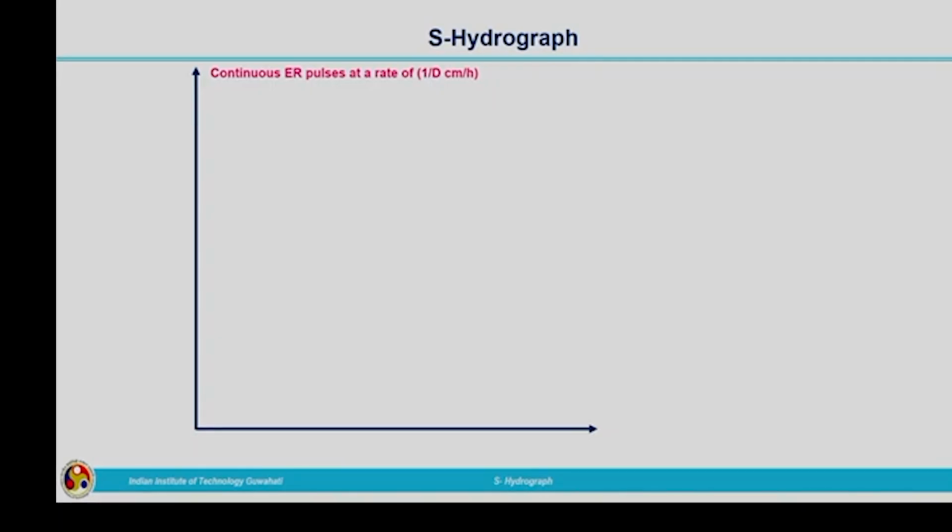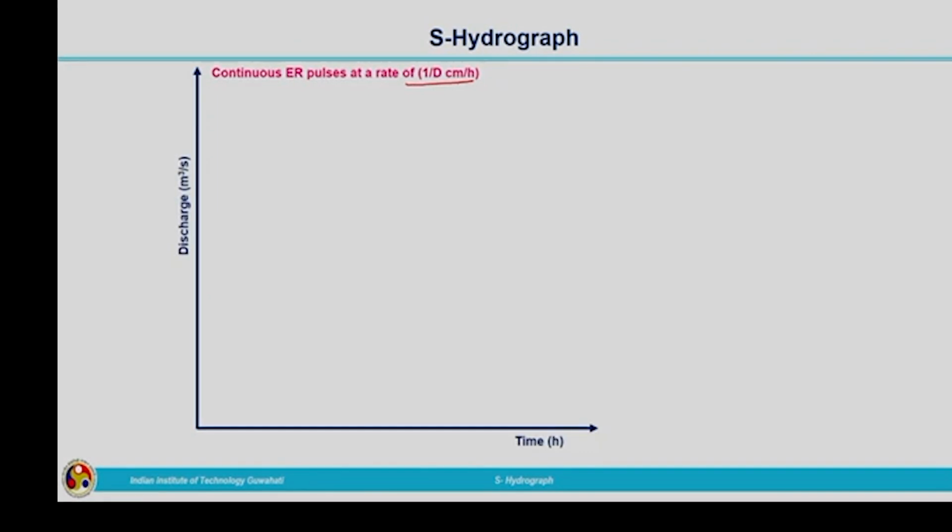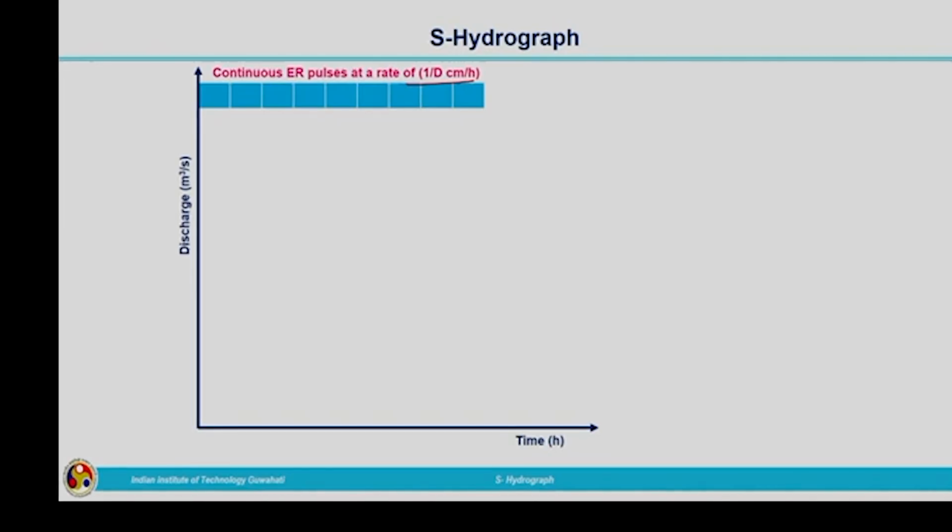We have discharge along the y-axis and time along the x-axis, and the complex storm is split into an infinite number of effective rainfall pulses at a rate of 1 by D centimeters per hour.